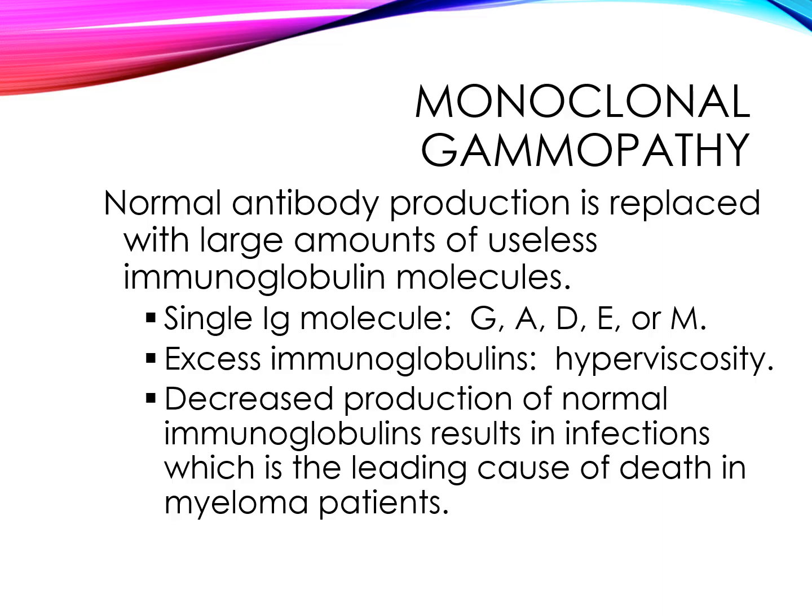The problem with multiple myeloma is that rather than have a normal antibody production like plasma cells should do, instead those normal, healthy, functional immunoglobulins are replaced with large amounts of these useless immunoglobulin molecules. So we're going to have single immunoglobulin molecules of like G or A or D or E or M, any one of those.